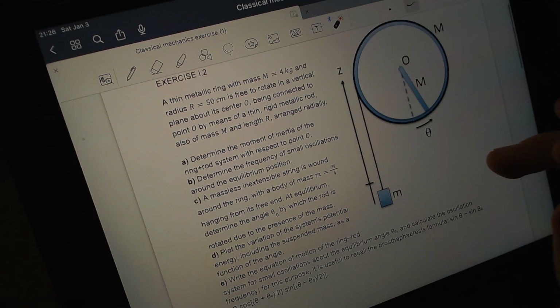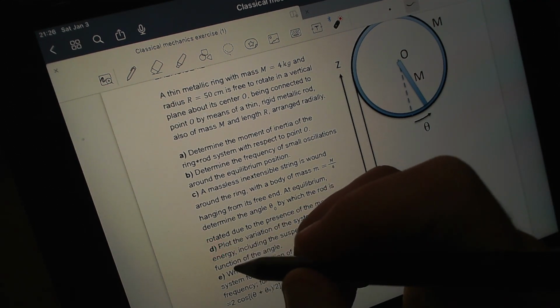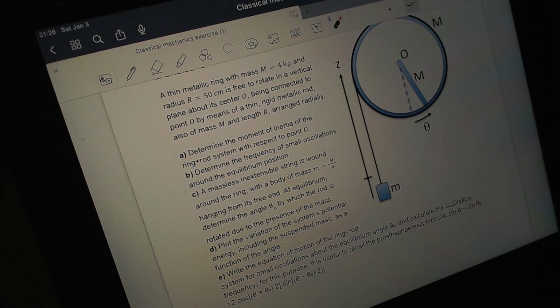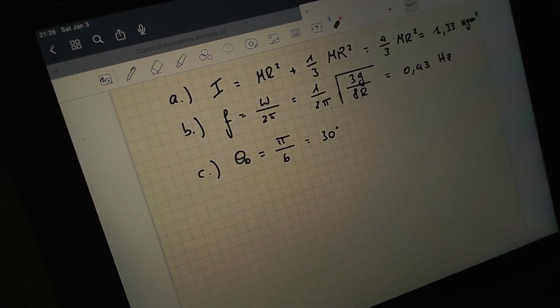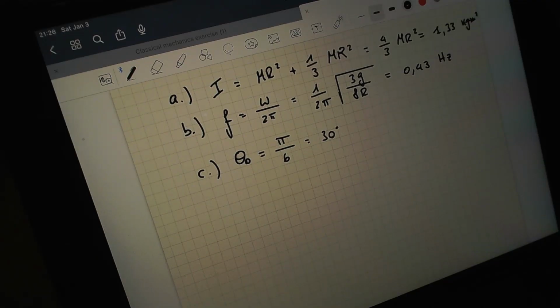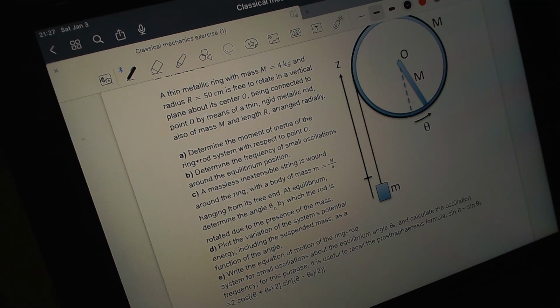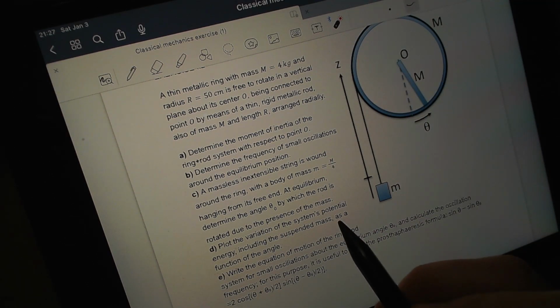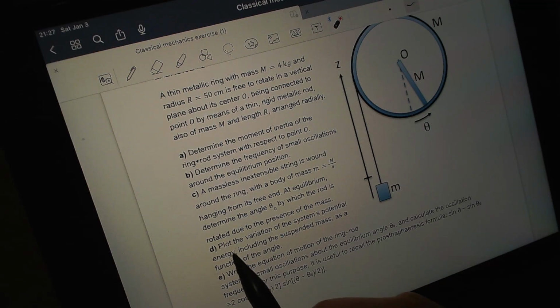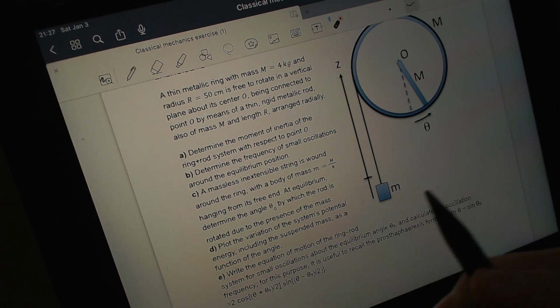Okay, but now in this video I want to focus on question D and question E. So these are the results from the first three points, but in question D we are asked to focus on the potential energy of the system. So plot the variation of the system's potential energy, including the suspended mass, as a function of the angle.